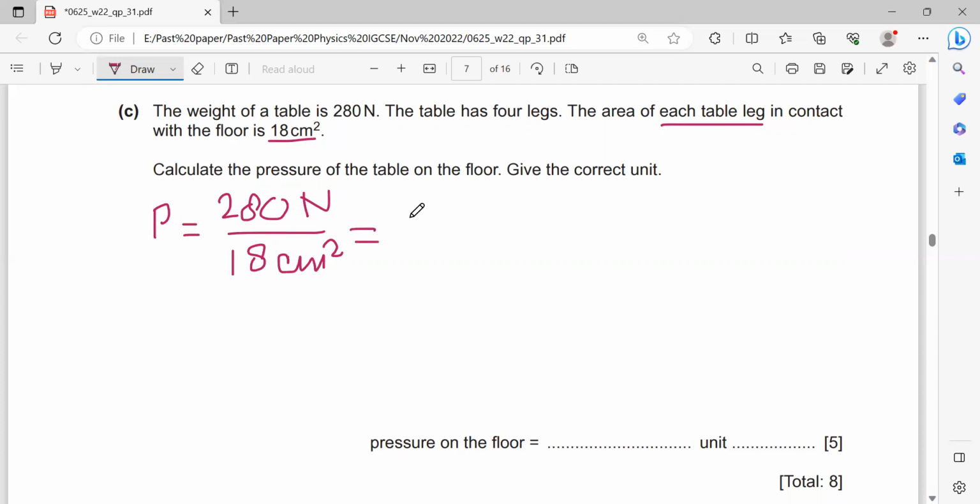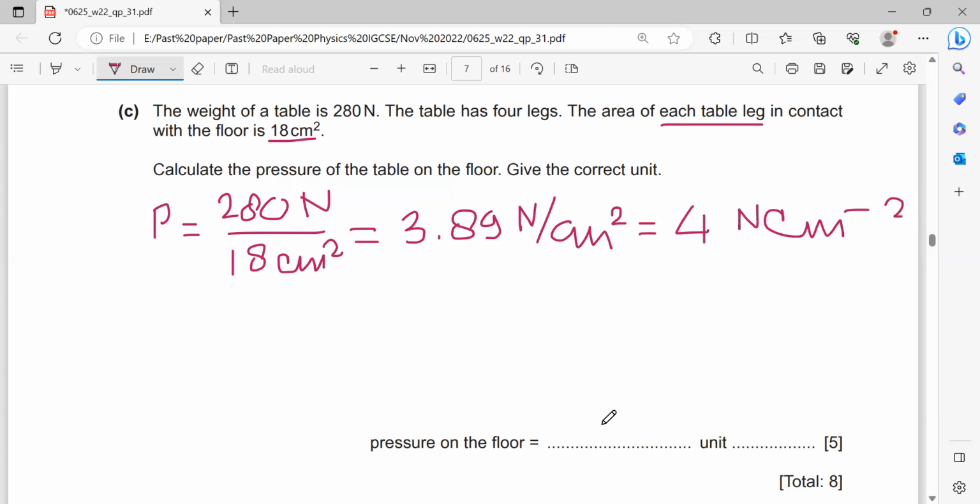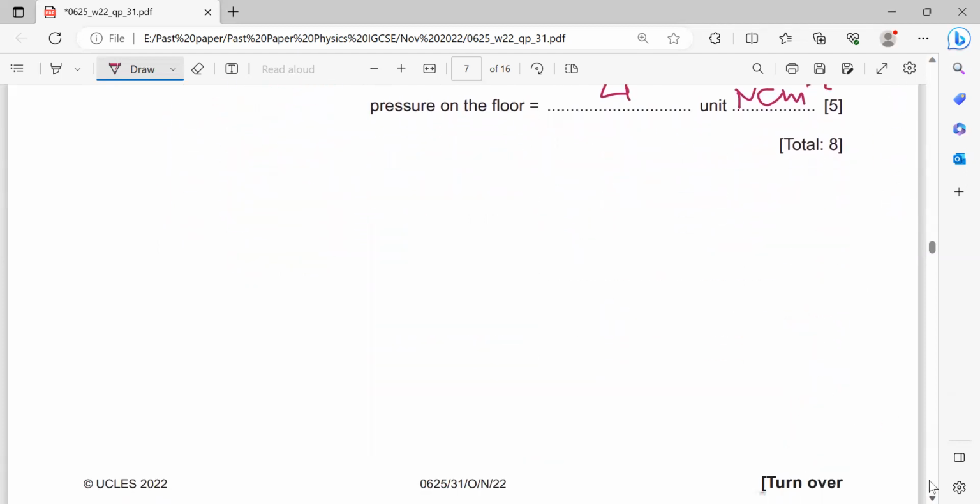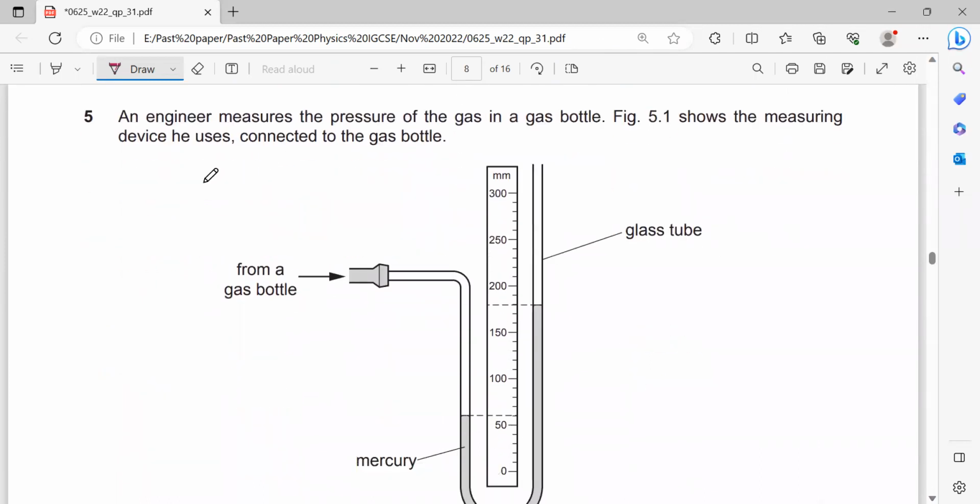It's going to be divided, which gives 3.89 newtons per centimeter squared, or we may round off to 4. So 4 here, and the unit is newton centimeters to the power of -2. Done.